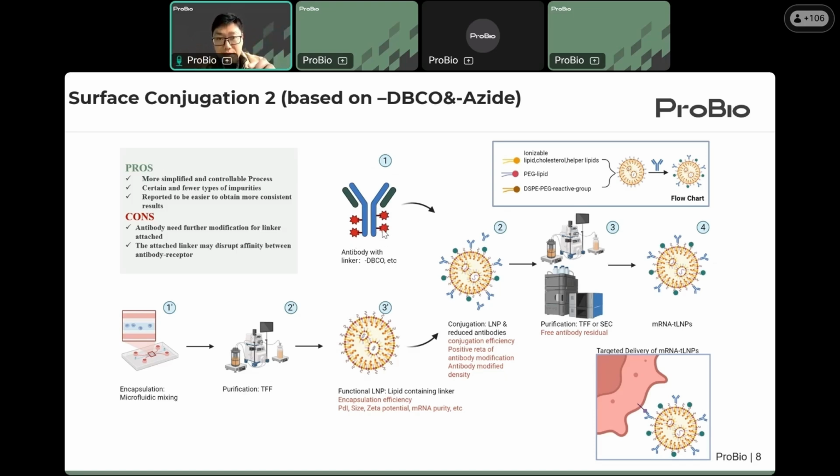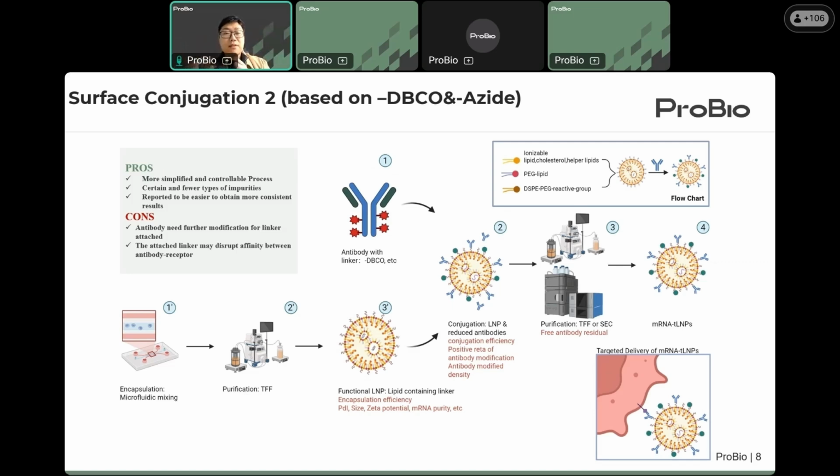The azide links to the DBCO group through click chemistry, which is also a classic, robust and simple reaction. The link is very strong, so don't worry, the tLNP structure will stay intact. After purification, you get your mRNA-tLNP.